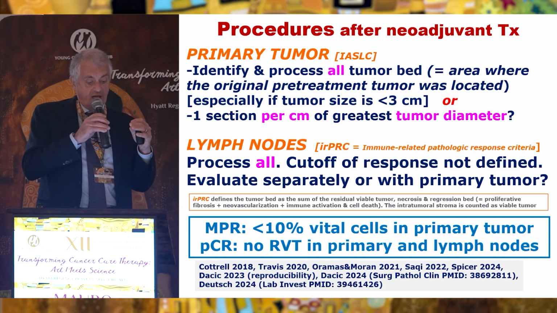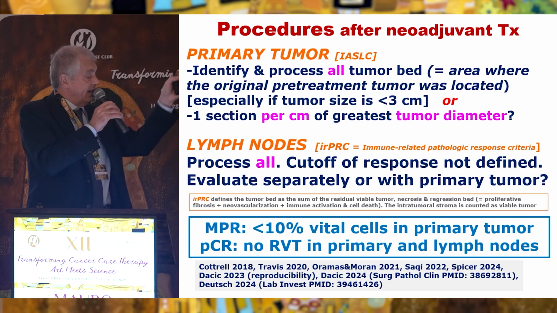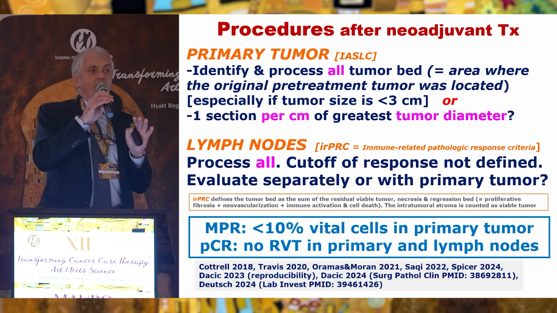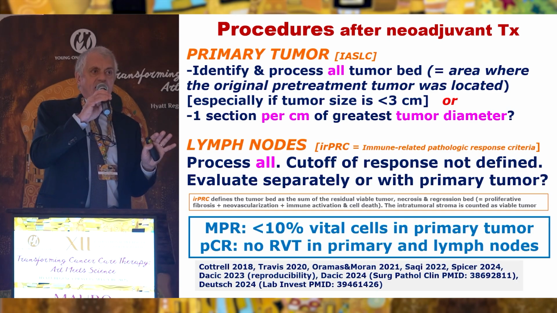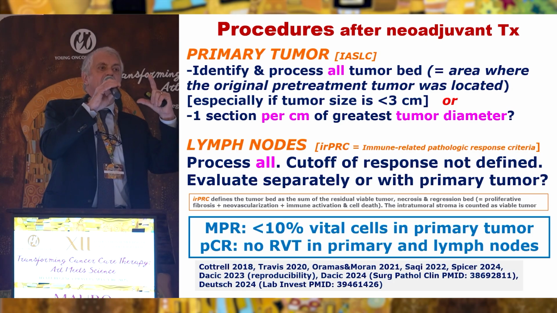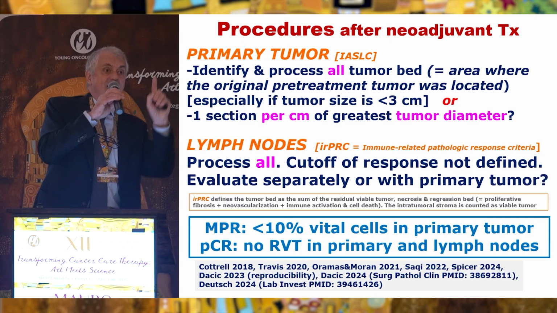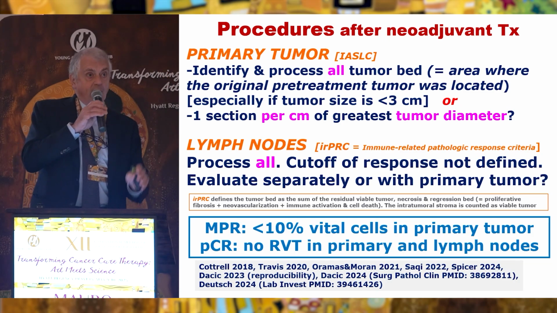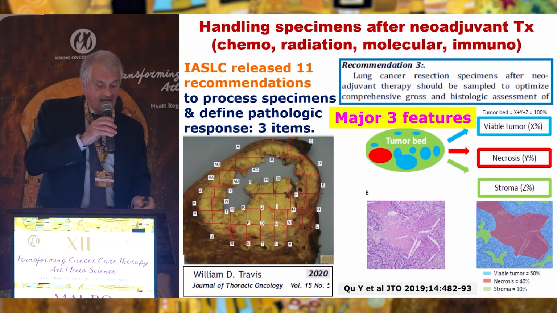And there are different rules according to the IASLC or the immune-related pathological response criteria, the so-called irPRC, and so on. In one word, what we have to do is to check the tumor, cut all the specimen, which if it is a 10 centimeter tumor means that we have to prepare maybe 50 slides for one case. So it is huge work, and then to define whether the tumor is alive or is dead, if there are viable cells or not.